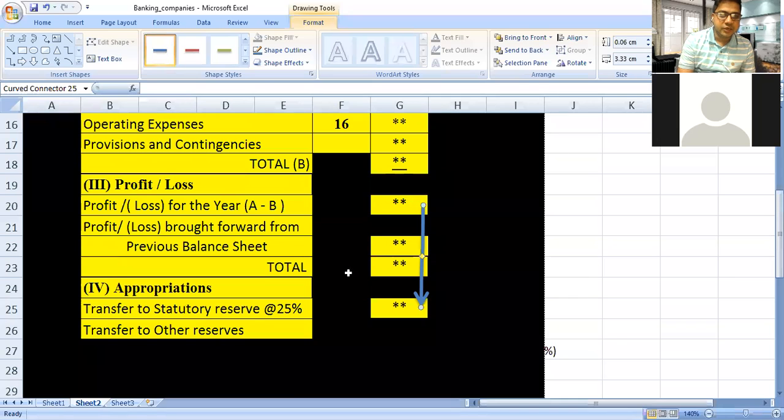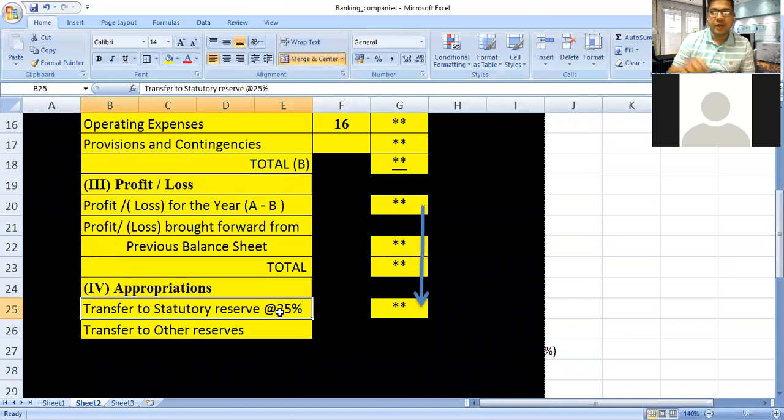On the current year profit we will find the 25% value, and this 25% value we will transfer to the statutory reserve account. It is compulsory.